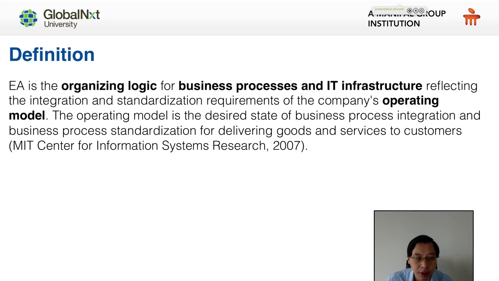Their definition is: enterprise architecture is the organizing logic for business processes and IT infrastructure, reflecting the integration and standardization requirements of the company's operating model. The operating model is the desired state of business process integration and business process standardization for delivering goods and services to customers. So enterprise architecture, according to their definition, is about the organizing logic.